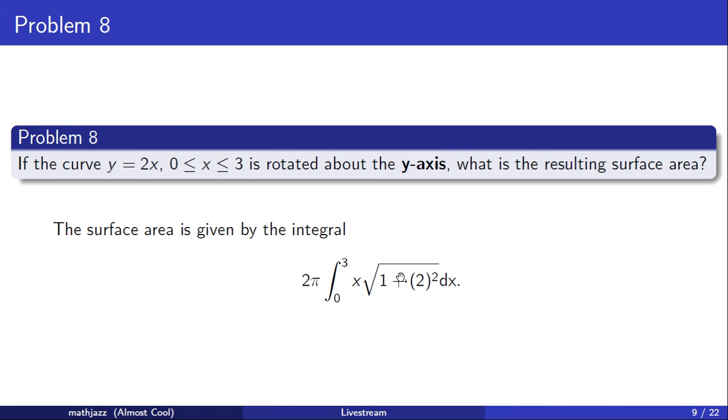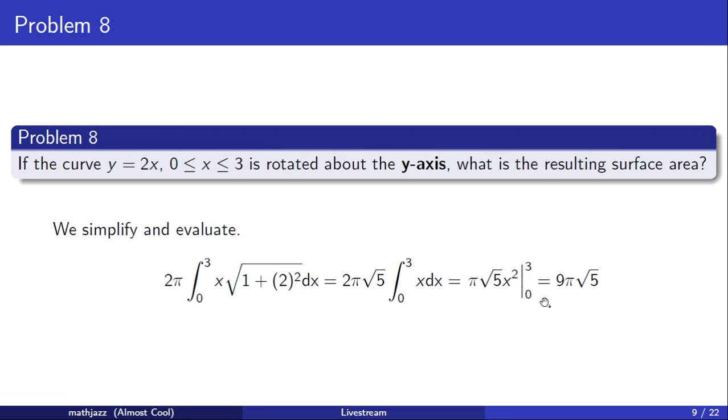So we have this integral, and it turns out to be not so bad. Derivative of 2x is 2. That makes everything under the square root a constant, which is great. Integrate x, which is easy. Now we plug in the endpoints, which isn't so bad. So that's pretty good, pretty easy.